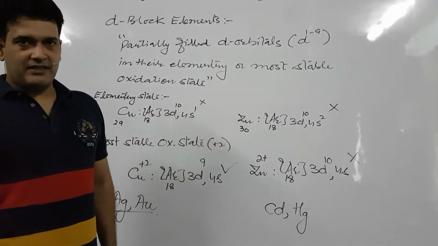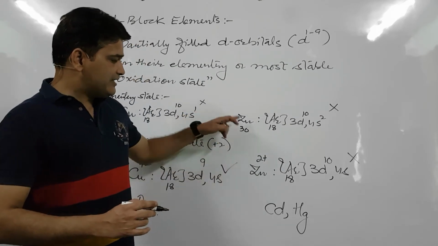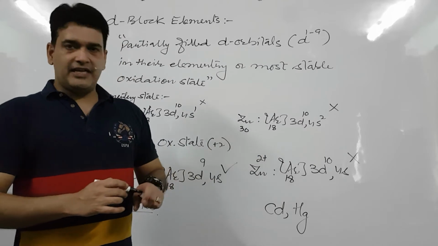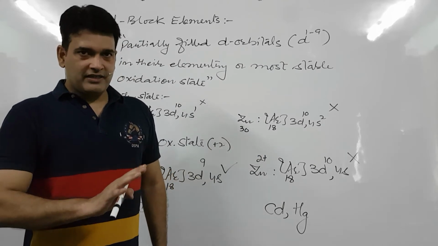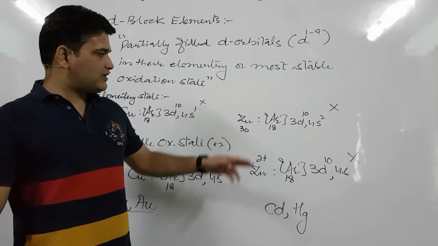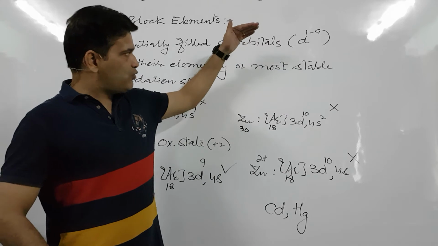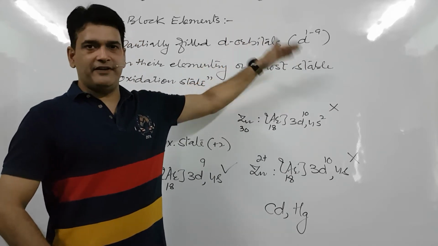So copper, silver and gold, they are d block elements, but zinc, cadmium and mercury, they are not d block elements. So it is a very important question whether zinc, cadmium, mercury are d block elements or not. The answer is they are not d block elements because they do not fulfill the requirement according to the definition.